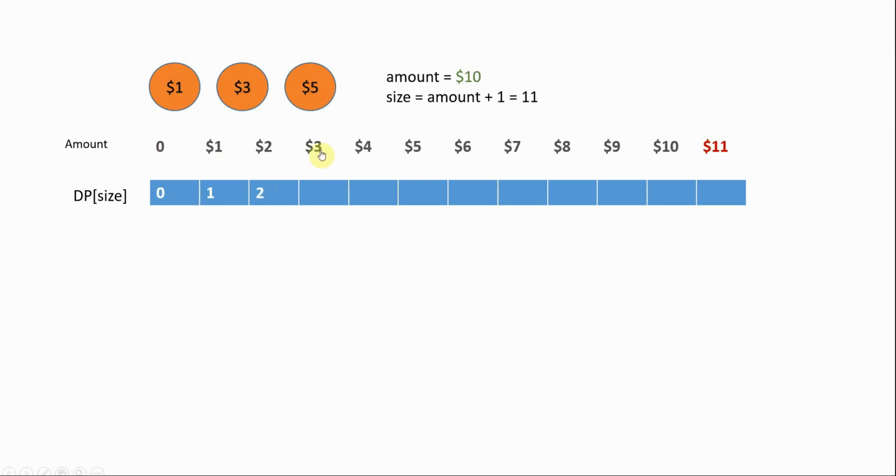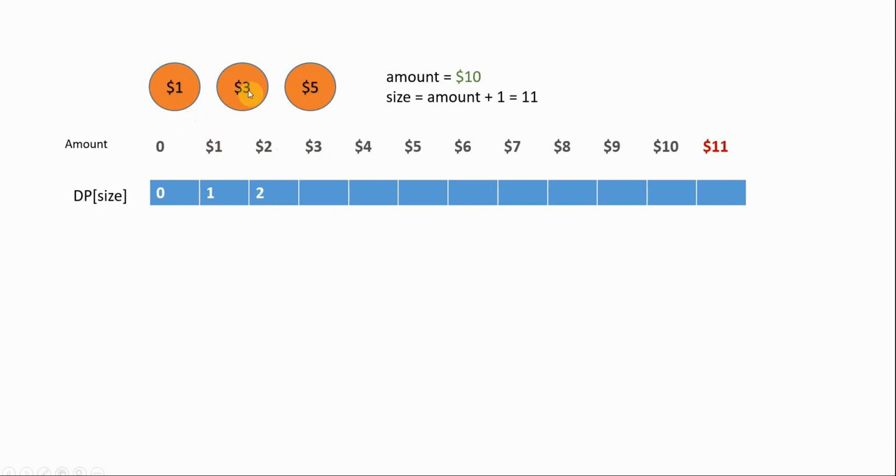Now for $3, can we take this? Yes, because it's less than or equal to 3. So it's going to be 1 because you took this coin, and then subtract 1 from 3, it's going to be 2. What's the dp of 2? It's 2. So you add 2 to 1 because 1 is the coin that you took. So the minimum is 3 so far.